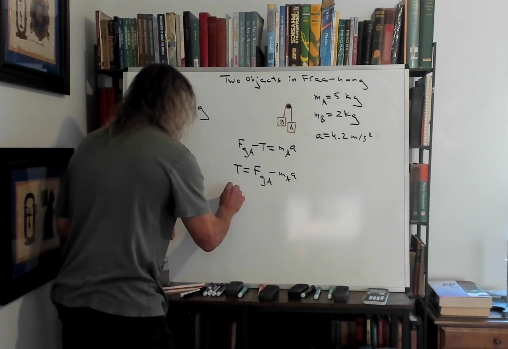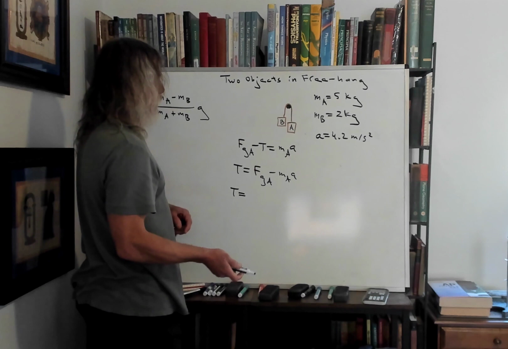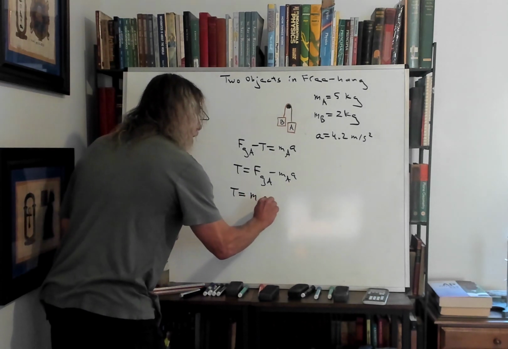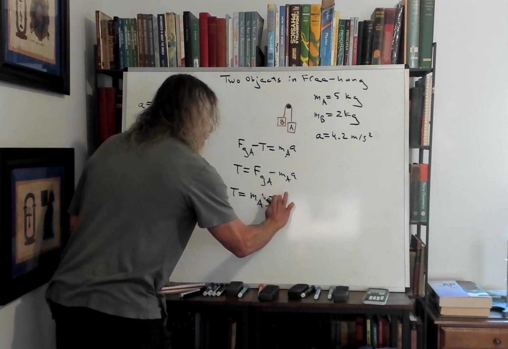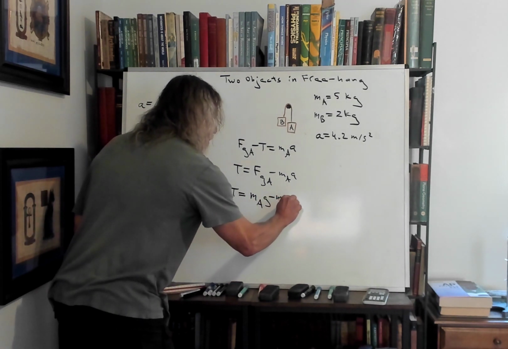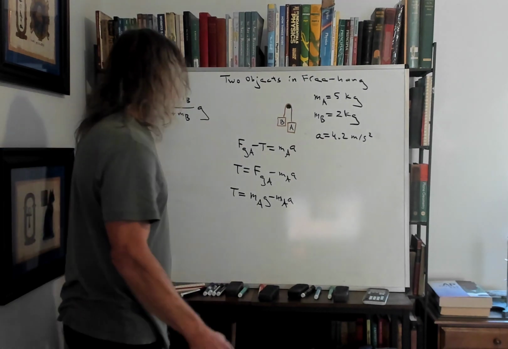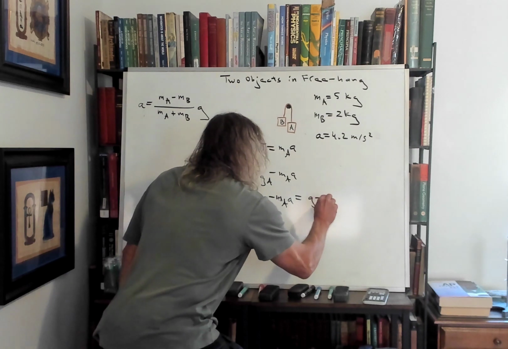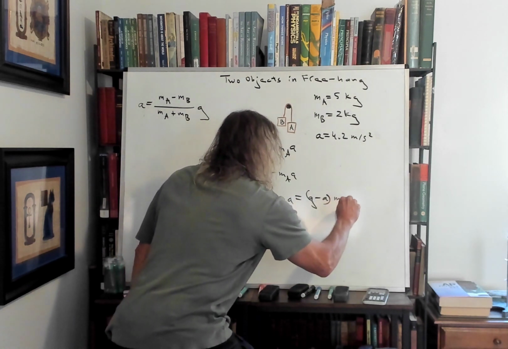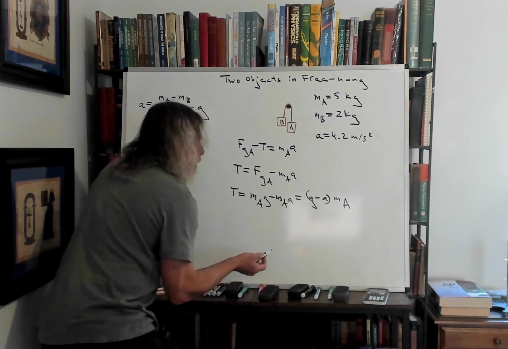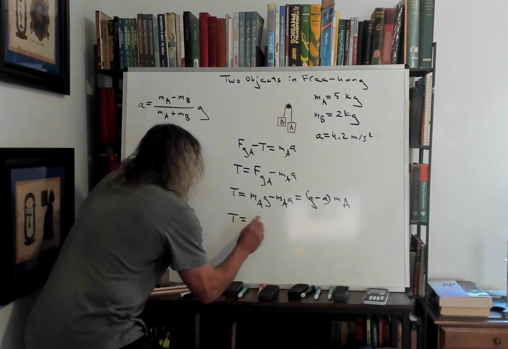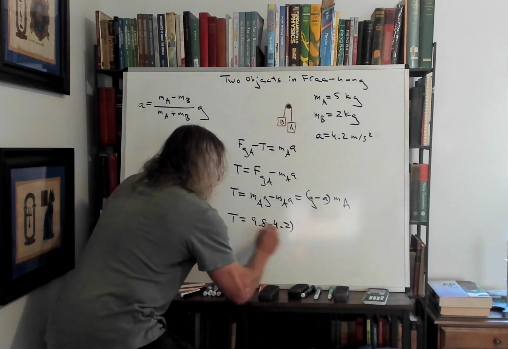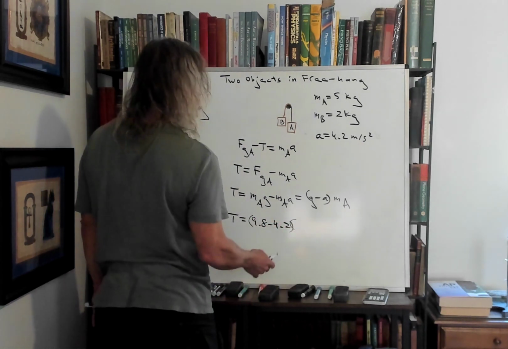Then the force of gravity on A is just the mass of A times G. And then if we factor out M_A, this is G minus A times M_A. So the tension in the rope would be 9.8 minus 4.2 times 5.